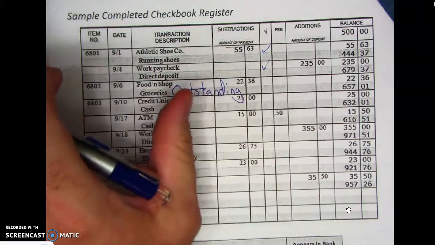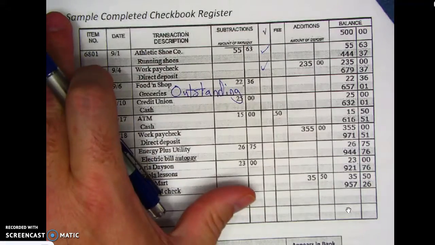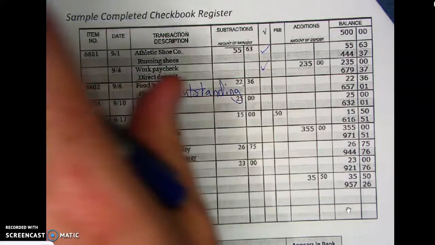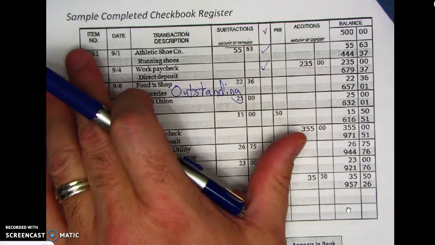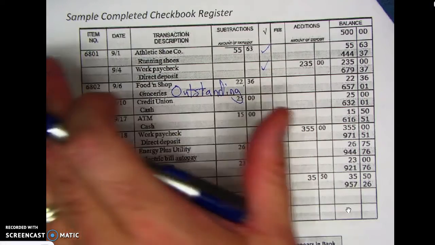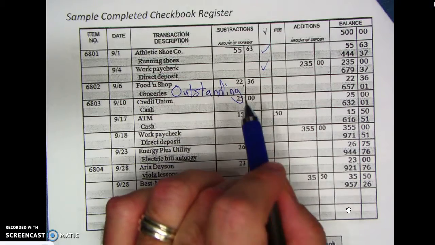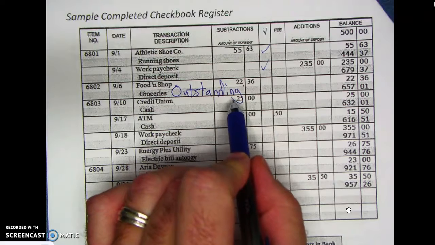It's in the process of, either at the grocery store you wrote it to, or traveling to that party's bank. It could be going from one bank to another, but it's in the process of clearing, and because it hasn't cleared, it's said to be outstanding.